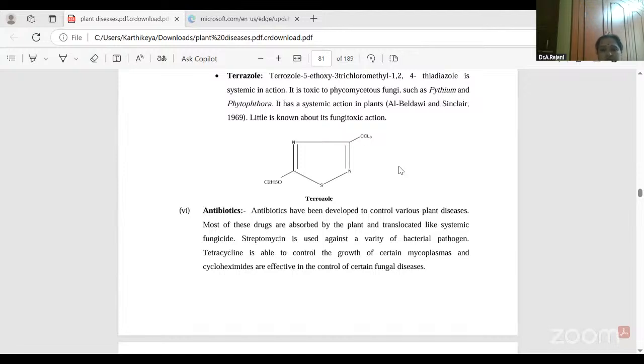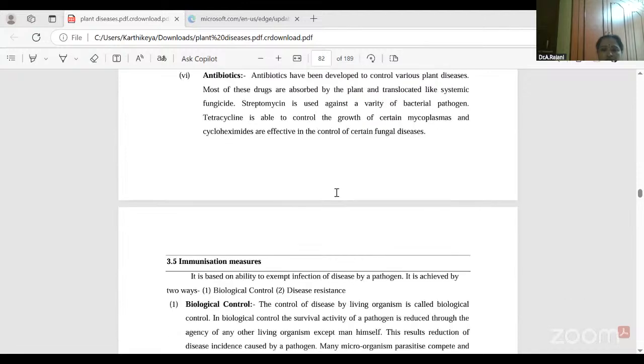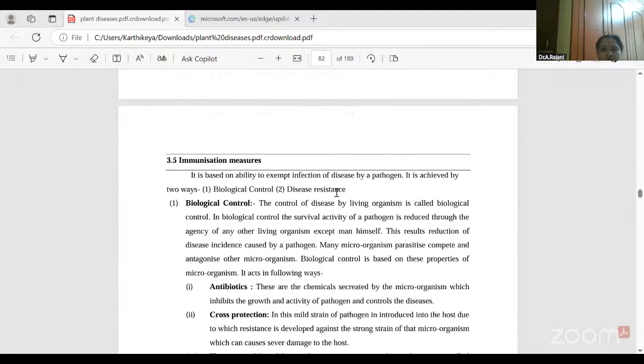Tetracycline is able to control the growth of certain mycoplasma, and cycloheximide is effective in the control of certain fungal diseases.